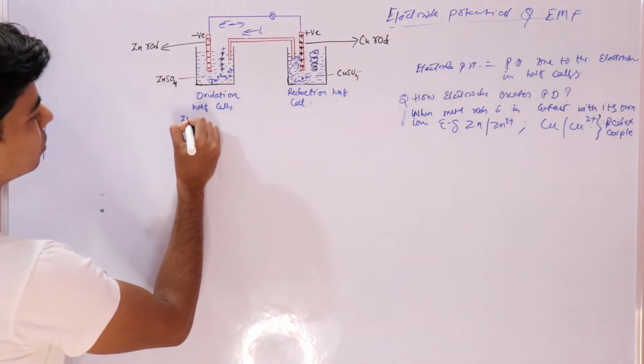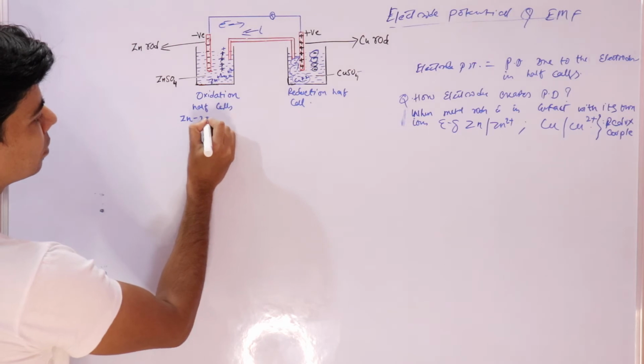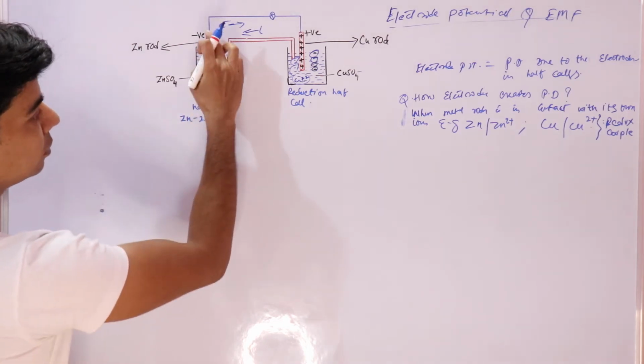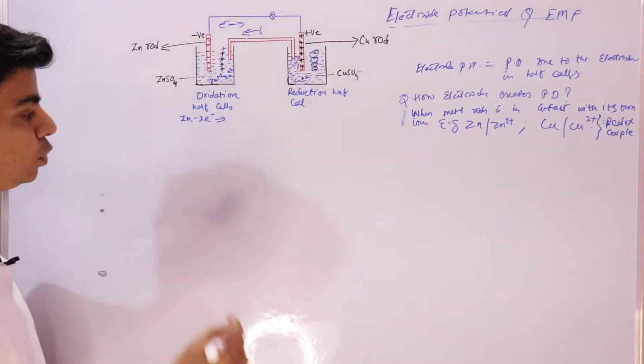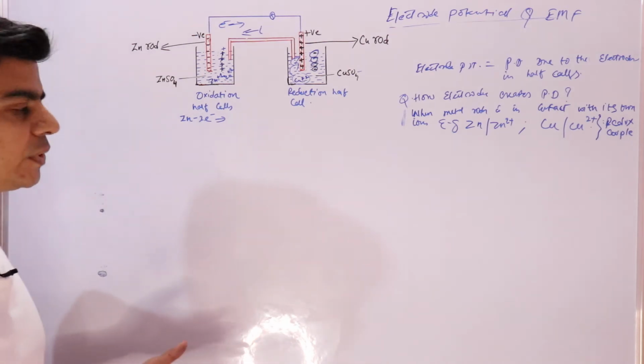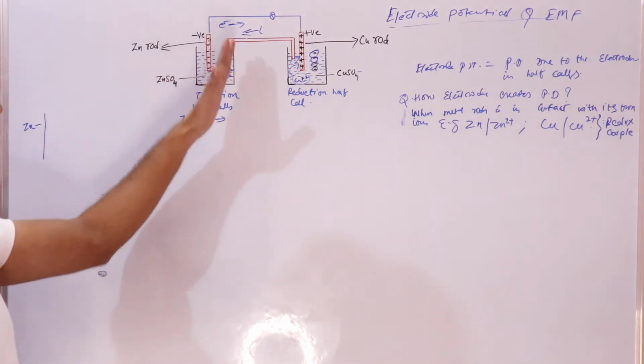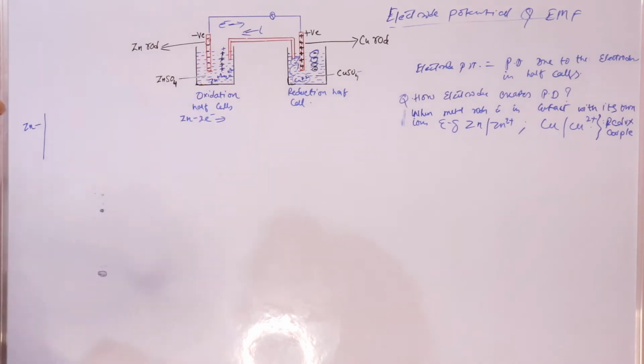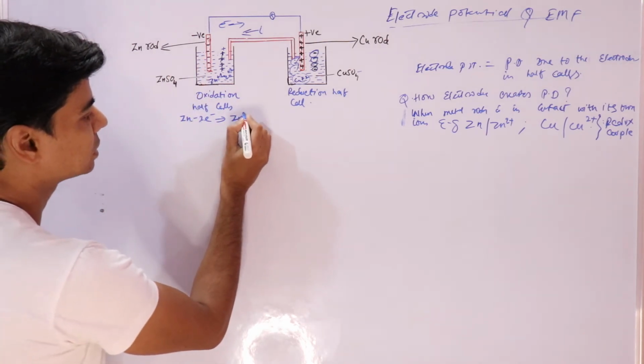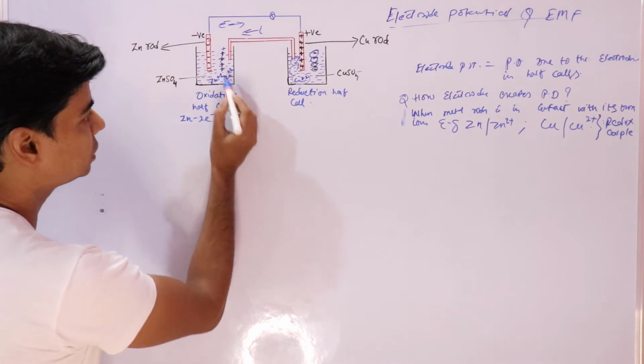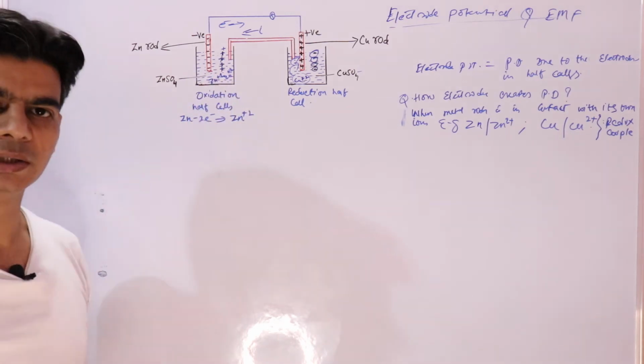So this zinc rod will lose 2 electrons and form zinc ions, right? And these zinc ions will come into this solution. We have already discussed in the previous lecture that the concentration of zinc ions will slowly increase, right?